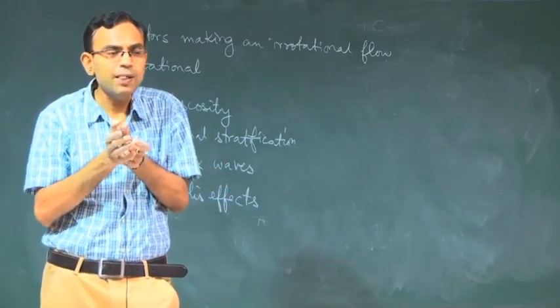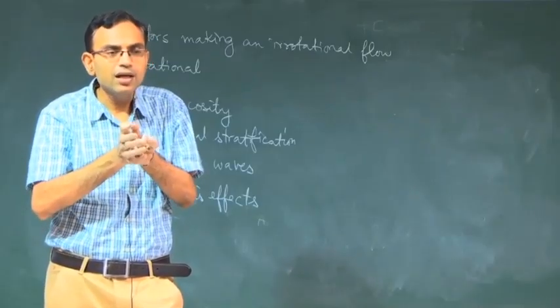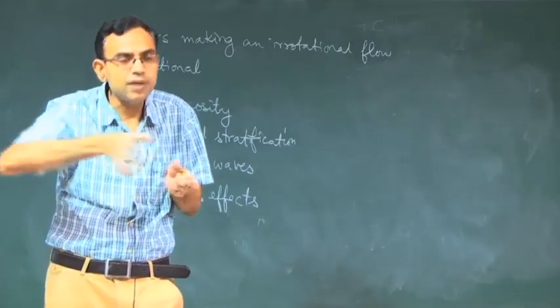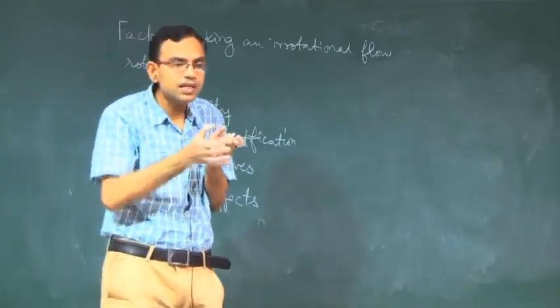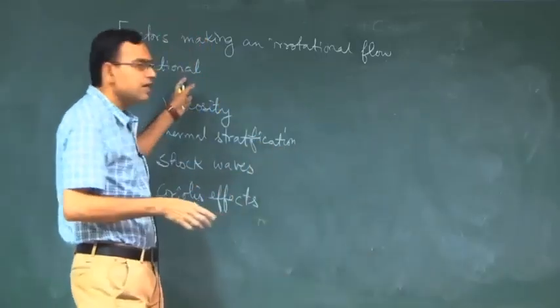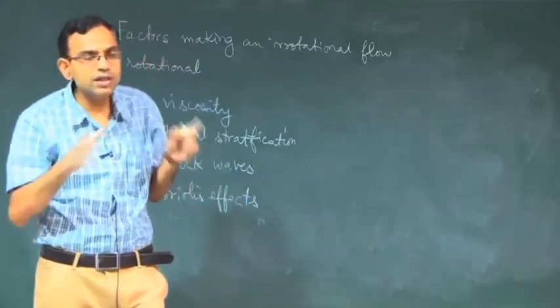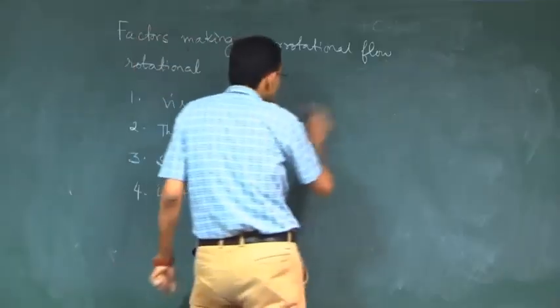Fundamentally it is because of a force that is felt when there is a translation of a particle in a reference frame that is rotating. So this results in a sidewise force, and under all these conditions an irrotational flow will start rotating. So all these effects need to be kept in mind.